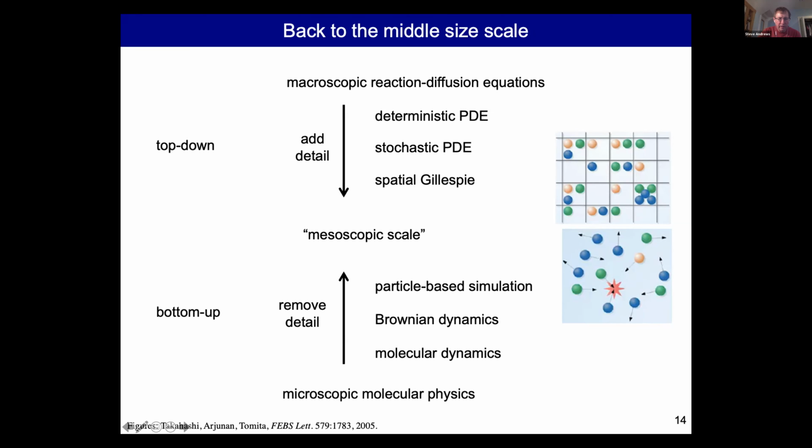Or vice versa, start with a microscopic picture of everything in there, and then start cutting stuff out. You have MD, you cut out a lot of stuff, cut the solvent, get Brownian dynamics, you cut out the molecular details, turn them into spheres, you get particle-based simulation. So same size scale as cell size scale roughly, but different approaches. And I approached it from the bottom going upwards.